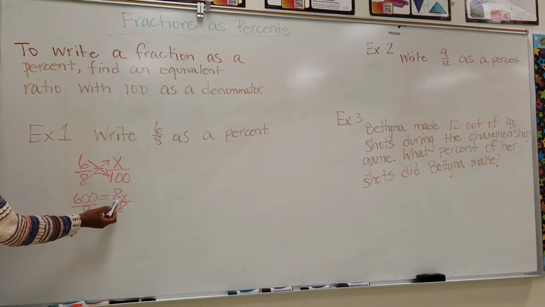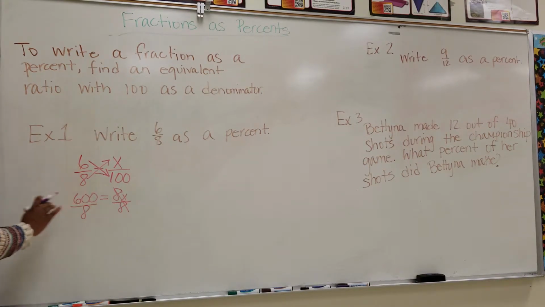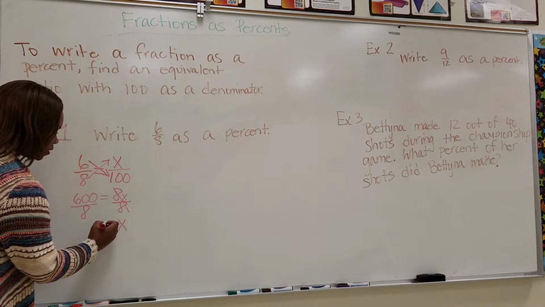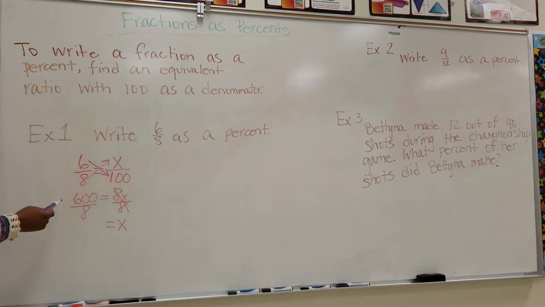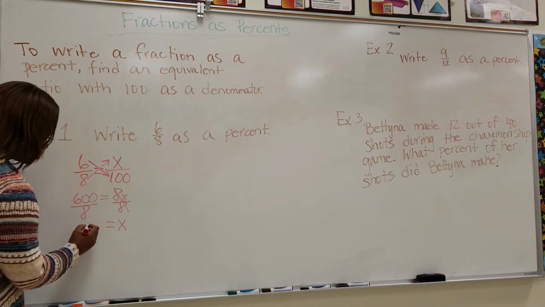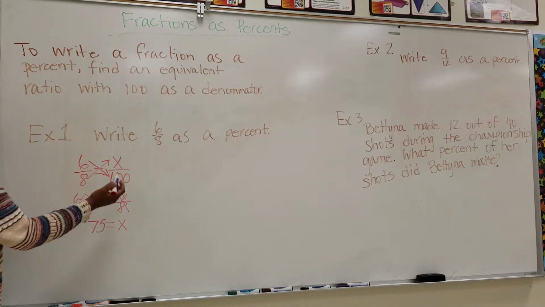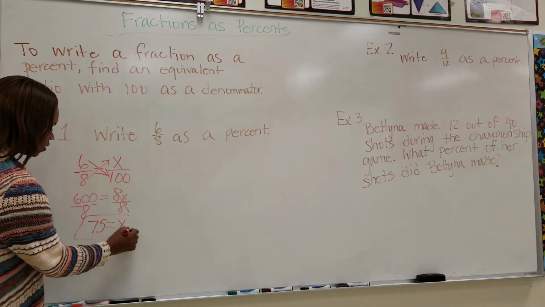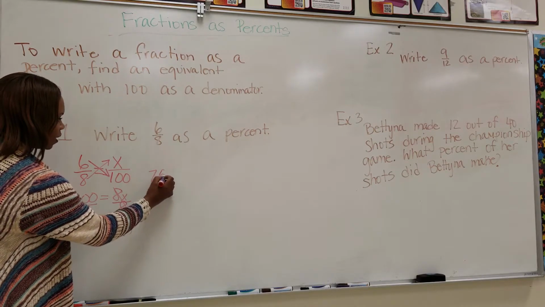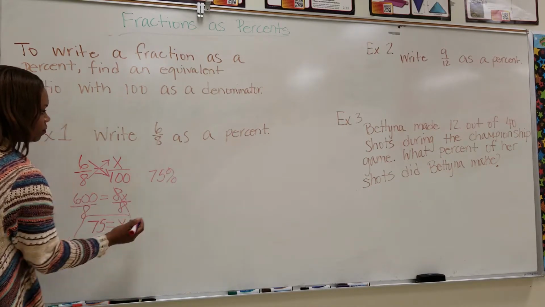So 8 divided by 8 is 1, so that cancels out. And now we are left with X. 600 divided by 8 gives us 75. So here, X will give us 75%.